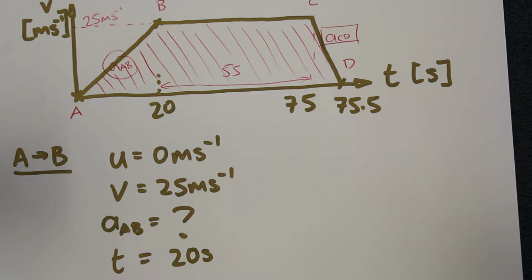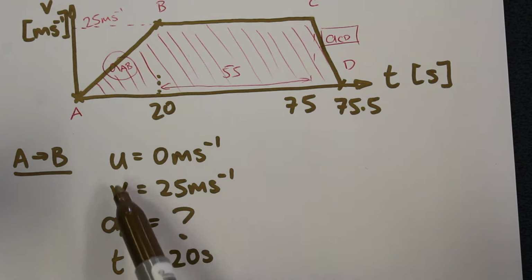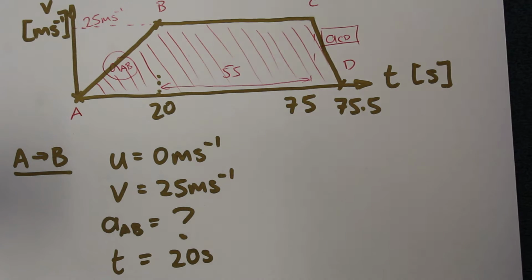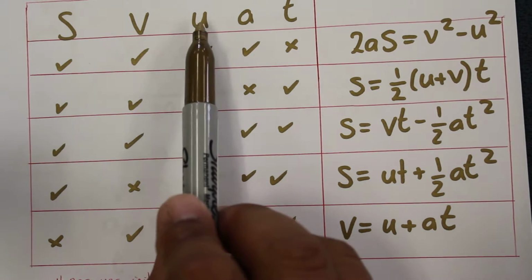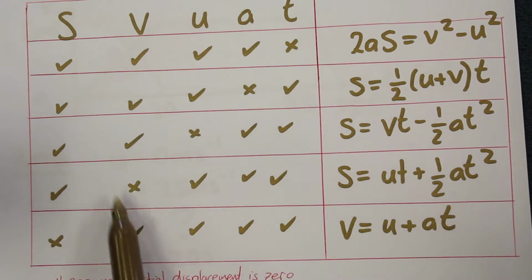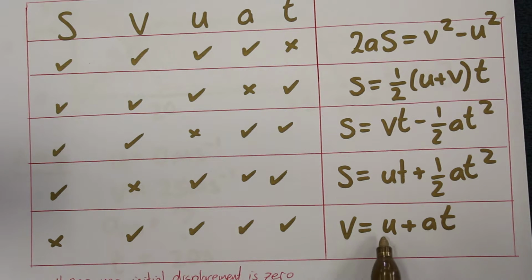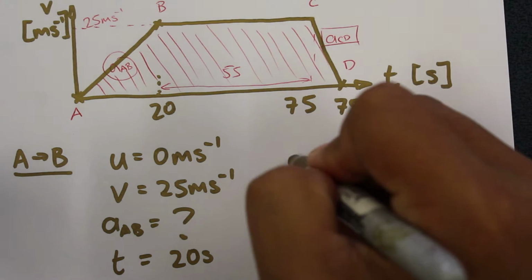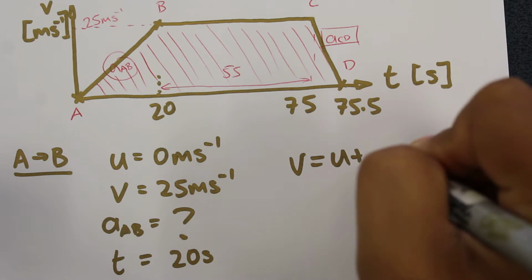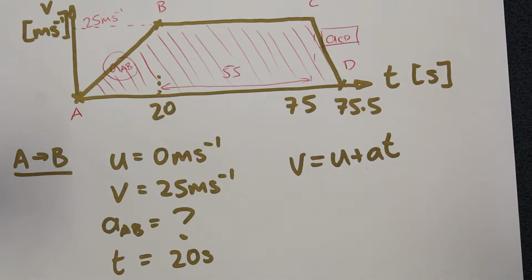Alright, so now we need to look for an equation which has u, v, a and t. So we can look back at our table here looking for u, v, a and t. Alright, so the equation with u, v, a and t will be this one down the bottom. So v equal to u plus at. We can rearrange this to find acceleration.